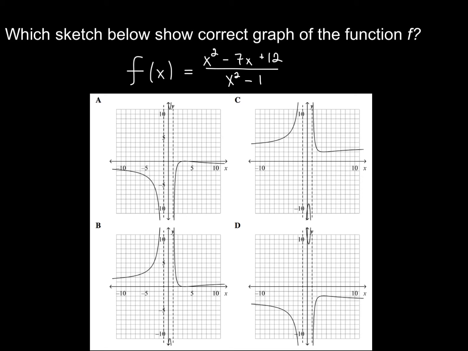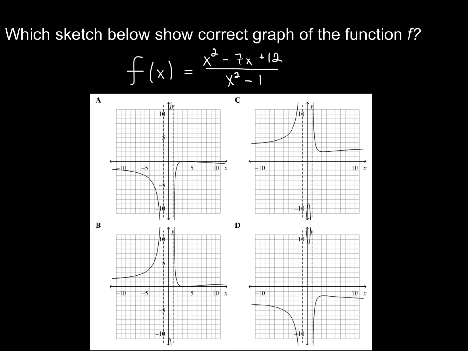Okay, so the goal here is to determine which sketch is the correct graphical representation of this function. Use the characteristics that we've been finding earlier in this lesson and previously, and mark those characteristics down on these graphs and see if they fit or do not fit.